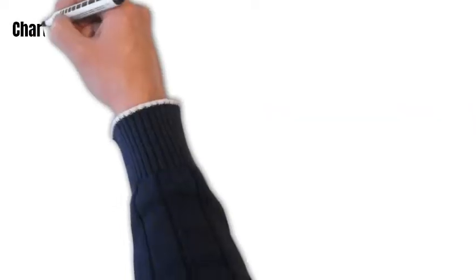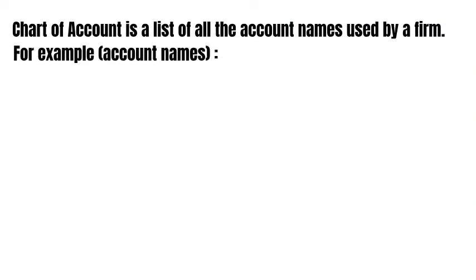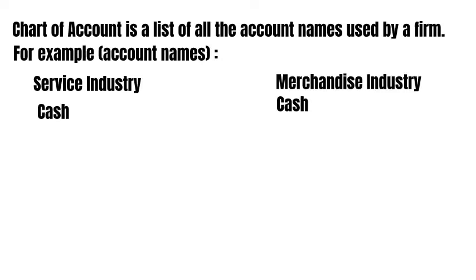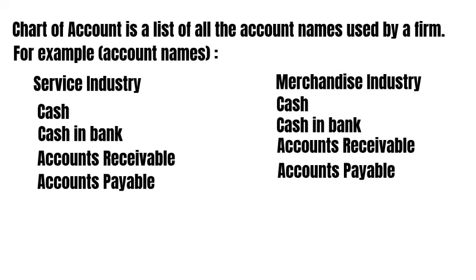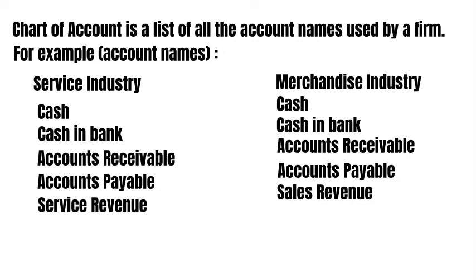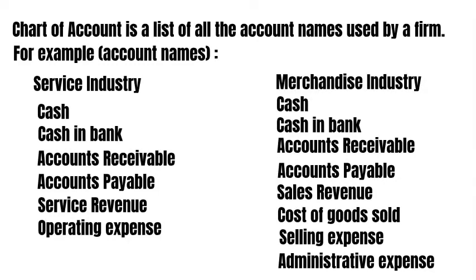Chart of account is a list of all the account names used by a firm. For example, account names, service industry, merchandise industry: cash, cash in bank, accounts receivable, accounts payable, service revenue, sales revenue, operating expense, cost of goods sold, selling expense, administrative expense.